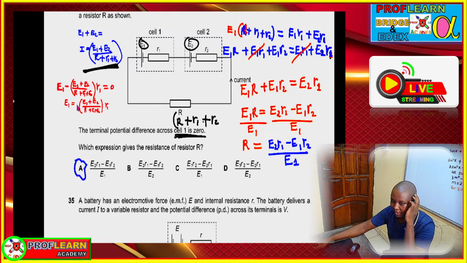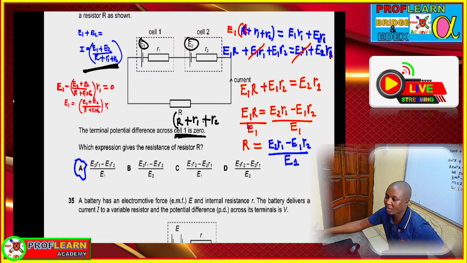We can take this equation to the other side, so we shall have a cleaner equation there. If we multiply all through by the denominator that we have at this point, we are going to have E1 times (R plus R1 plus R2), and opening the bracket we shall also have E1 R1 equals E2 R1.